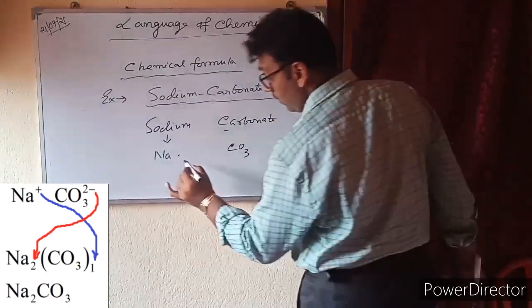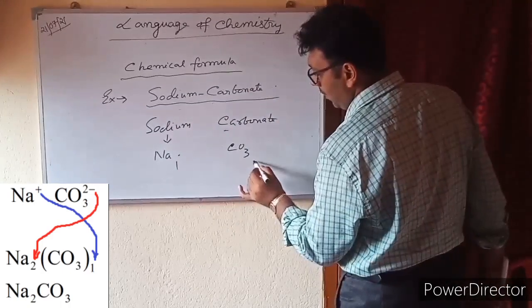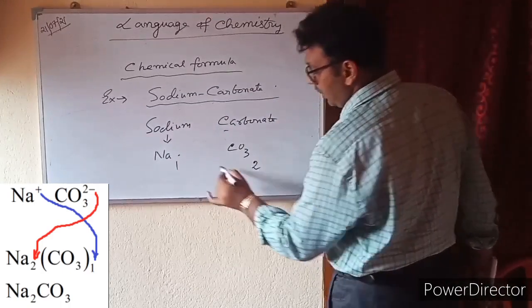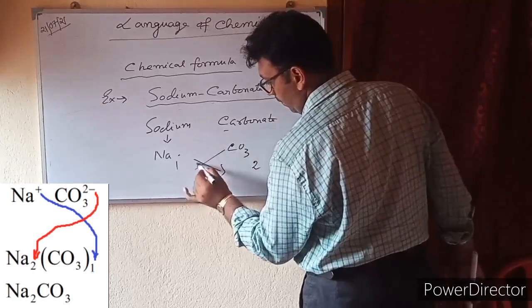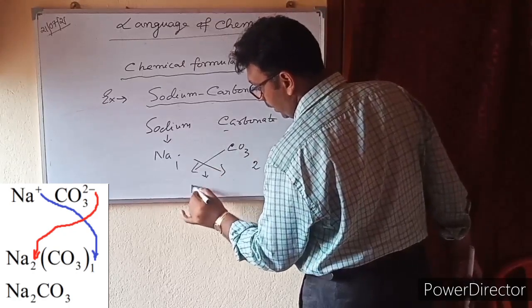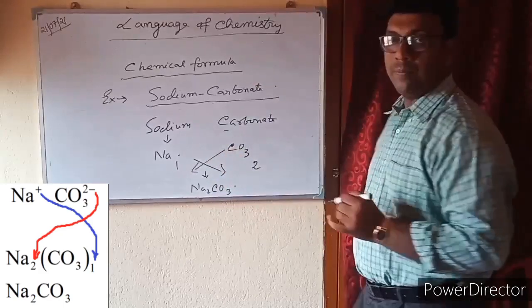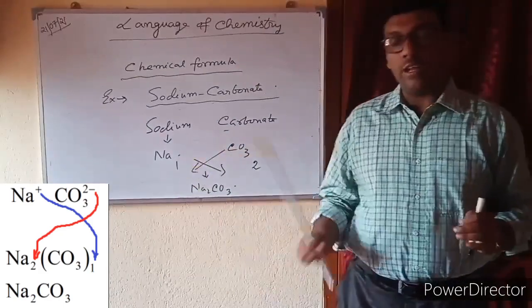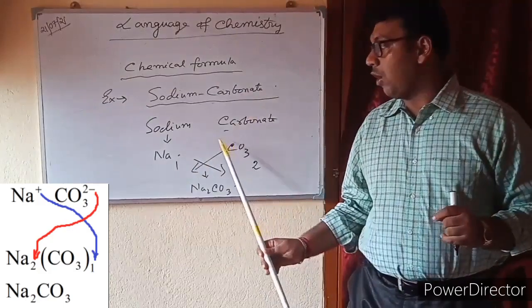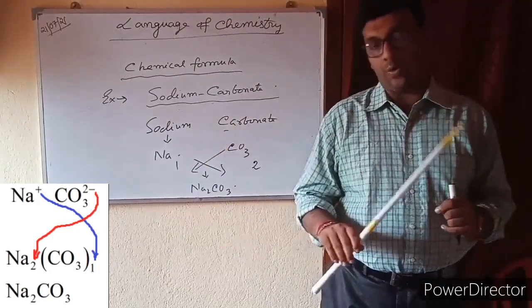Valency of sodium is 1, valency of carbonate is 2. Now just crisscross it. So it will become Na2CO3, sodium carbonate. So in this way you will write the chemical formula of any compound.